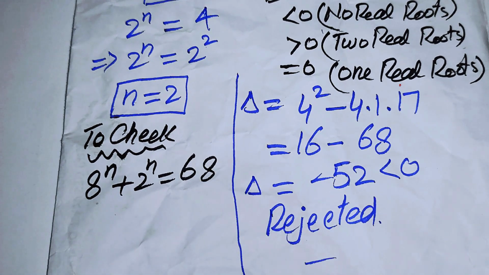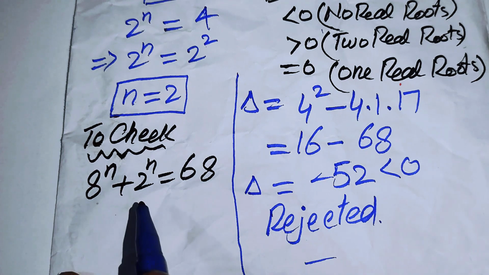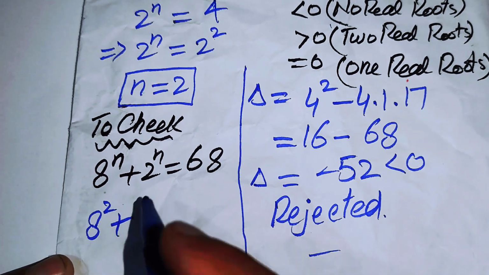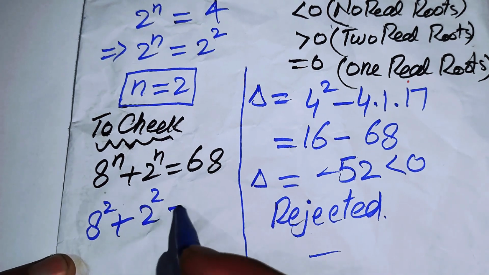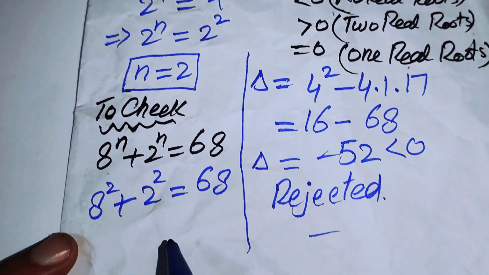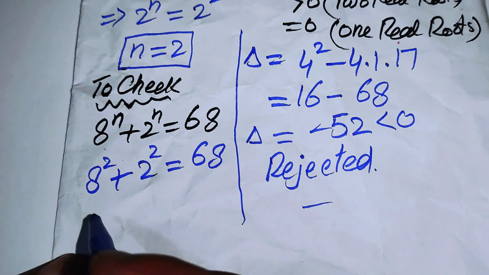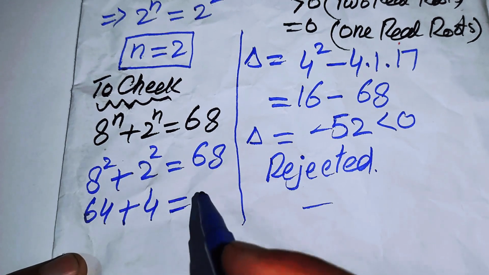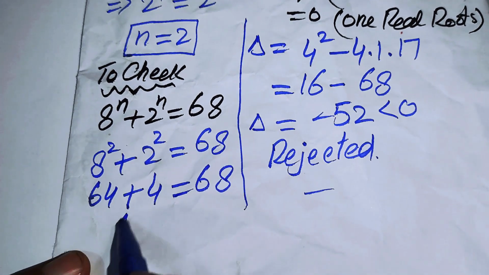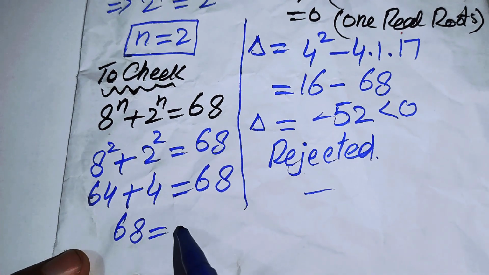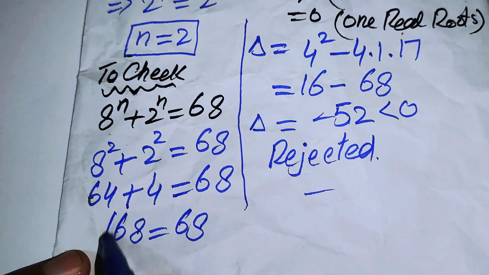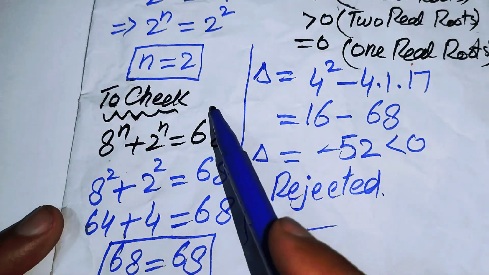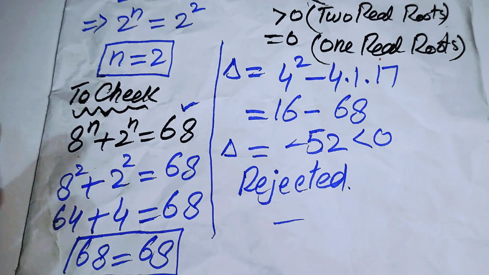You can just put here n is equal to 2 in the left hand side, and you get 8 square plus 2 square is equal to 68. And you know that 8 square is equal to 64, plus 2 square is equal to 4, is equal to 68, and finally you get 68 is equal to 68. So this shows that n is equal to 2 satisfies this algebraic equation.